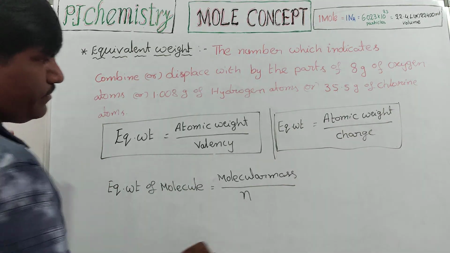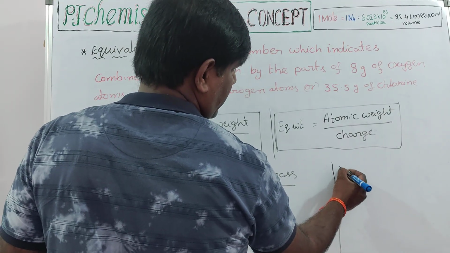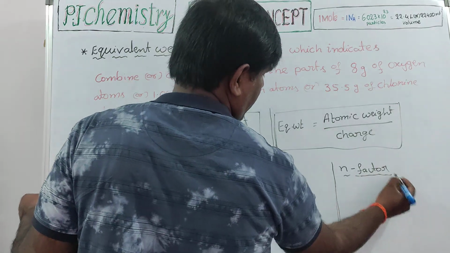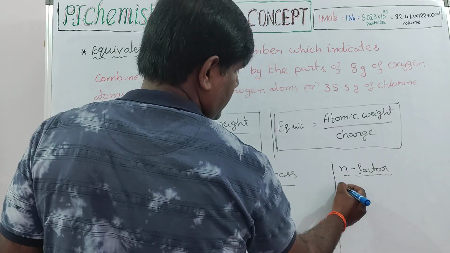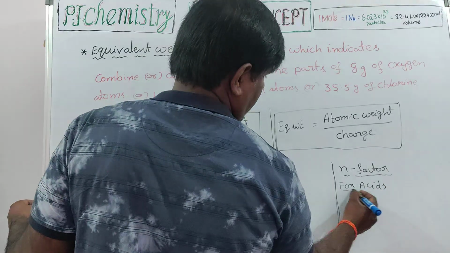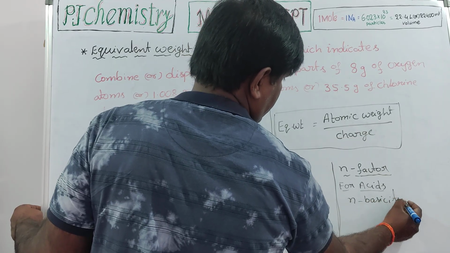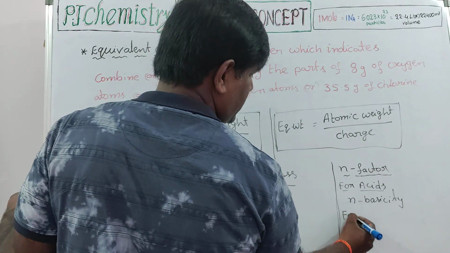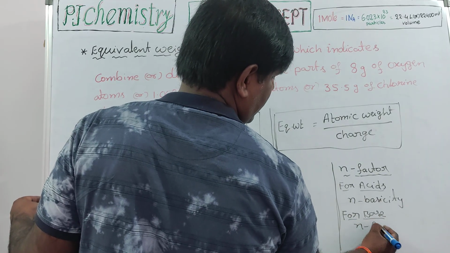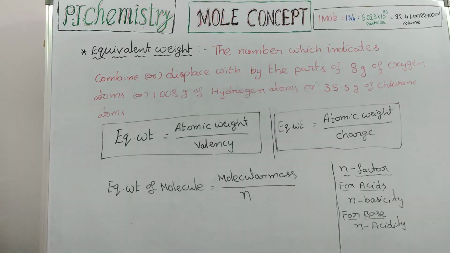For acids, the n factor is basicity, the basicity of the acid. For bases, the n factor is acidity.